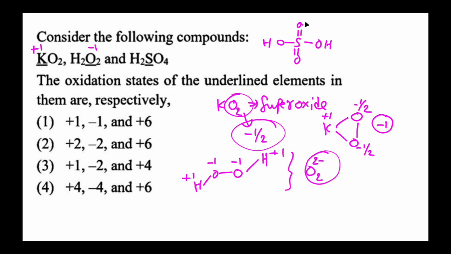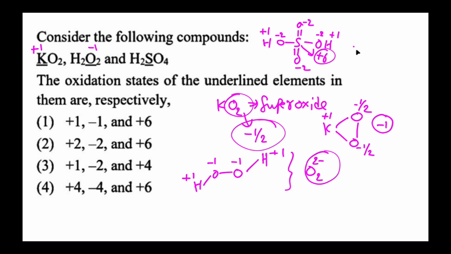In that, each oxygen carries -2, and the hydrogens +1. So sulfur is surrounded by negative charges totaling -6, so sulfur is +6.